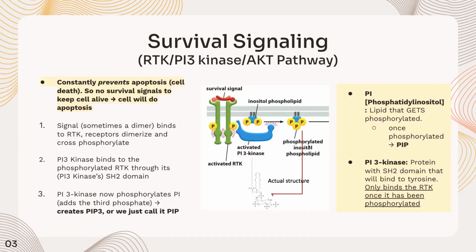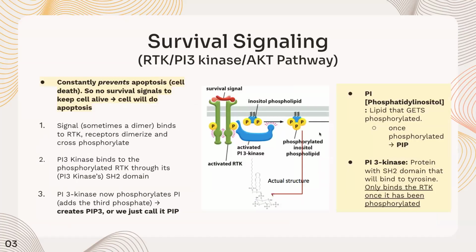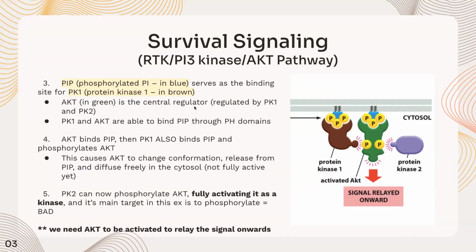Again, the blue serves as the binding site for PDK1. This is part of the same diagram. AKT, this is the green, is the central regulator. That's what we call it. It's regulated by this guy and the purple guy right here. AKT binds to the PIP.